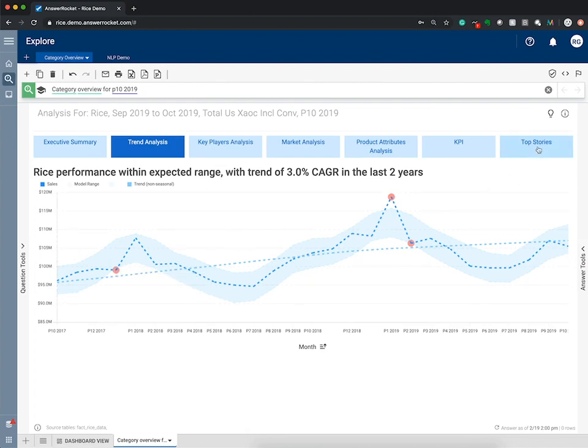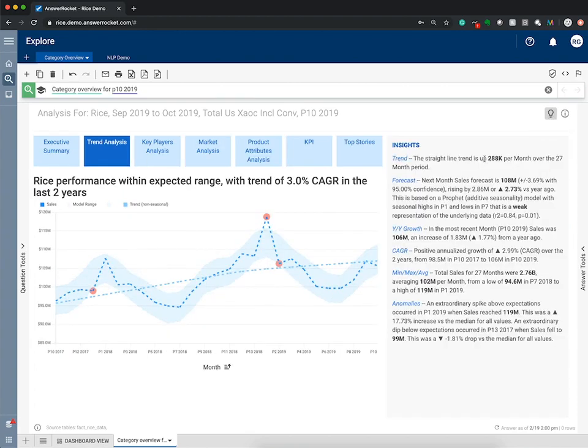So from there, we also generate text-based insights. If I click on the light bulb here, you can see in a very easy to digest format explanations about what's going on here. So I've got a nice explainer around the trend. I've got a forecast based on that model, right? So I can see that the next month's sales forecast for the entire category is 108 million, plus or minus a little over 3%.